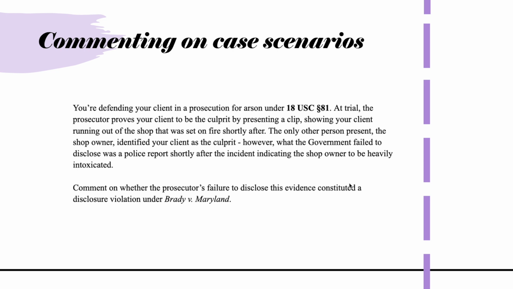So shortly after the incident, there was this test conducted, and it revealed, yup, shop owner was intoxicated. And we have to comment on whether the prosecutor's failure to disclose this evidence is enough for a Brady violation. So a disclosure violation under Brady v.